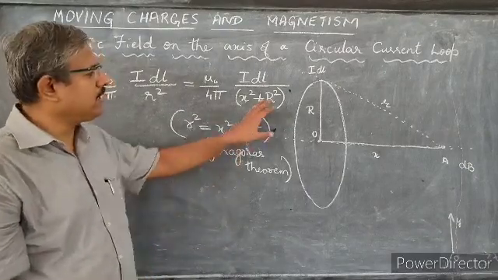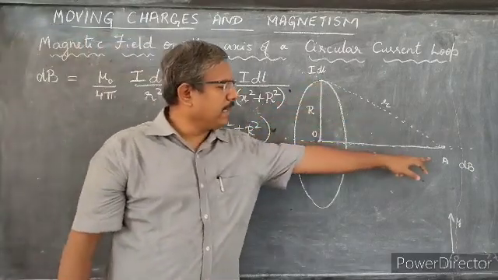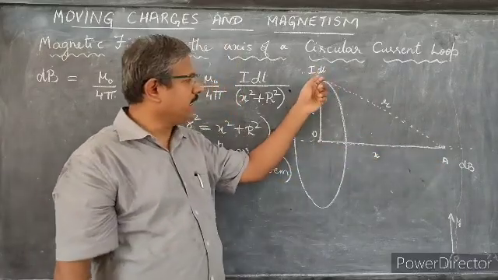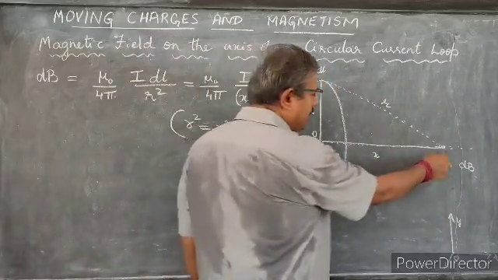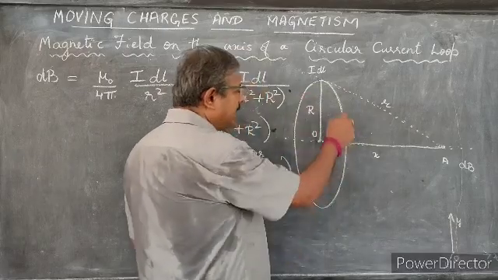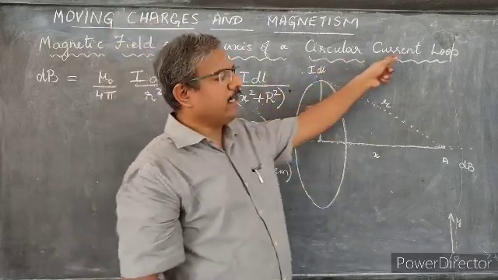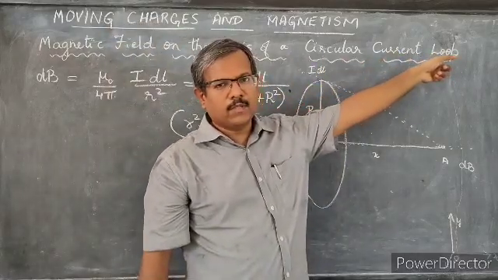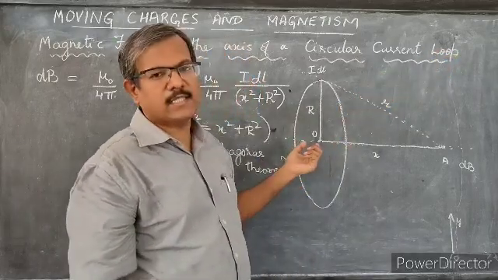Now remember, we are not interested in the magnetic field at point A due to one current element. We are interested in the magnetic field at point A due to the entire circular current loop. So we have to take this discussion a little further.